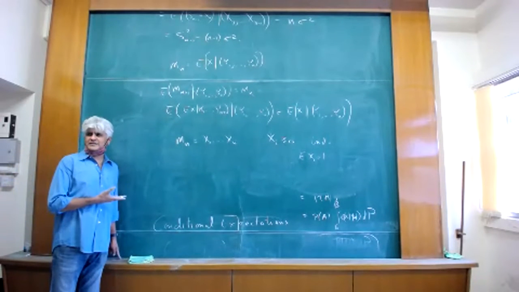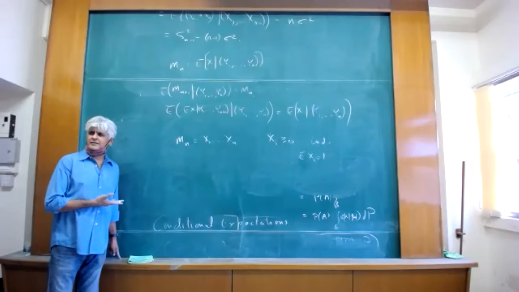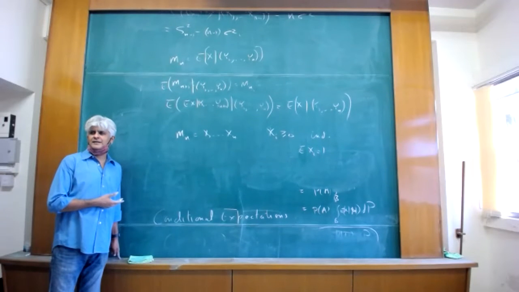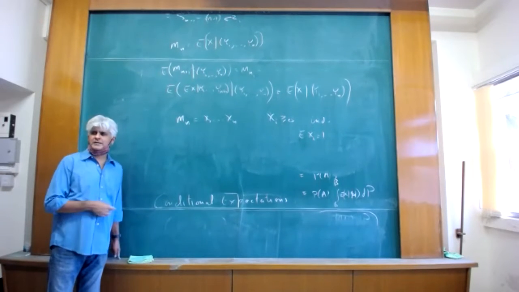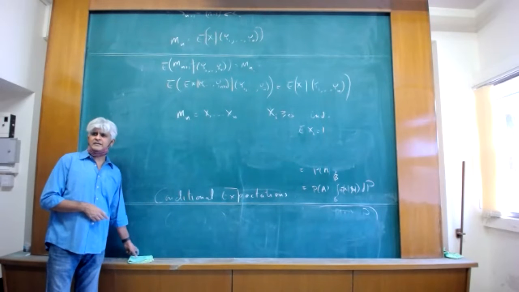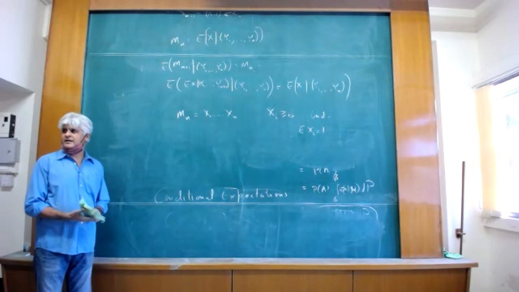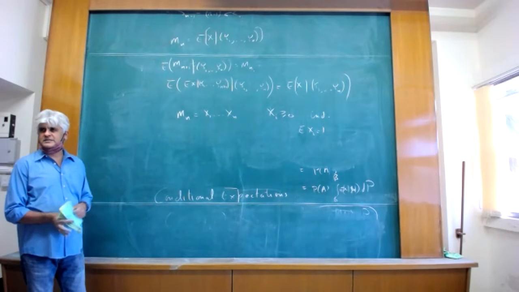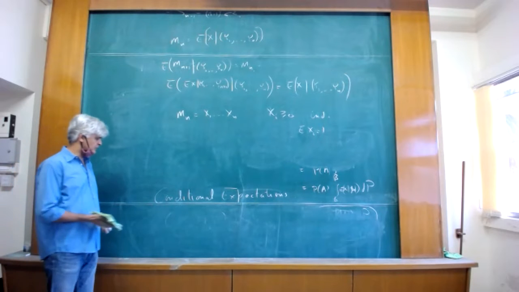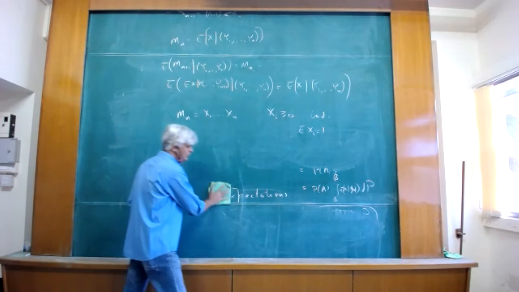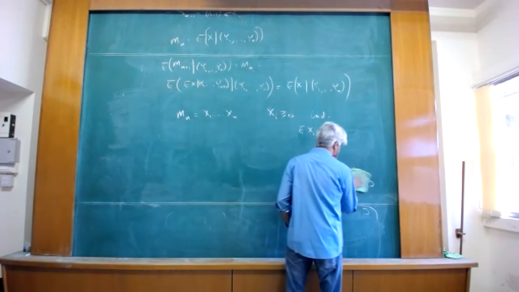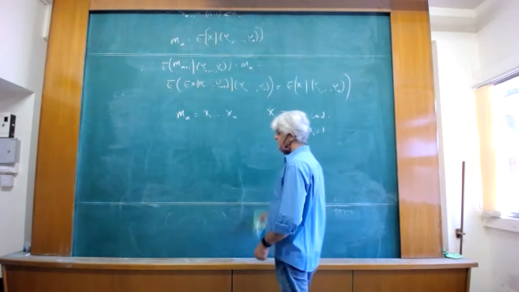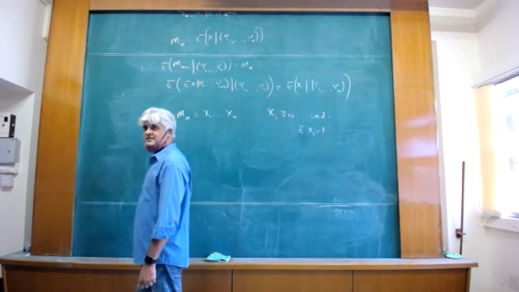Is it the exponential of something? That's right. That's my next part, that you can always take any random variable, exponentiate it, and then you can get this basically, if you do things the right way. You've seen that it's an important tool. But anyway, for now, everybody agrees that this is a martingale.